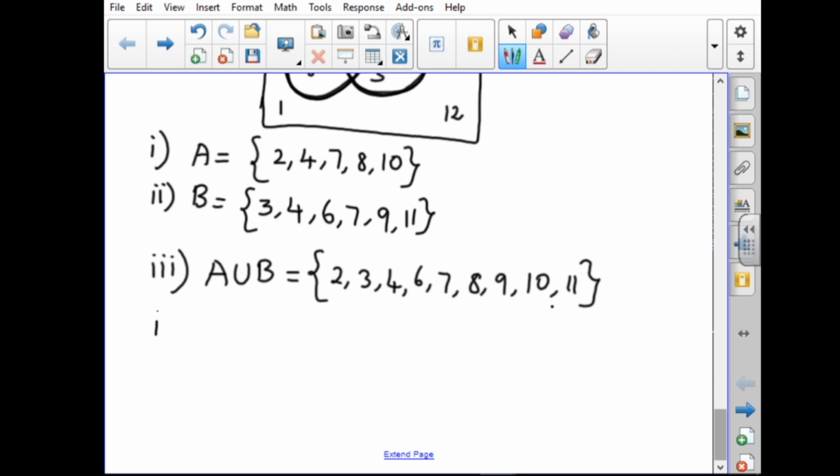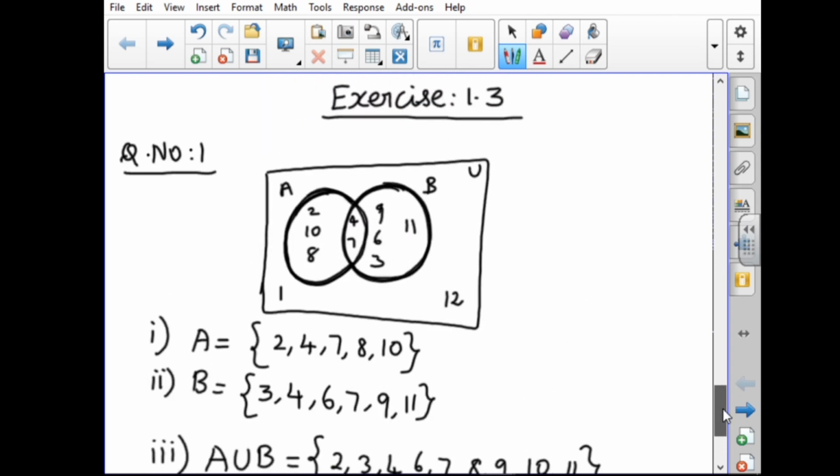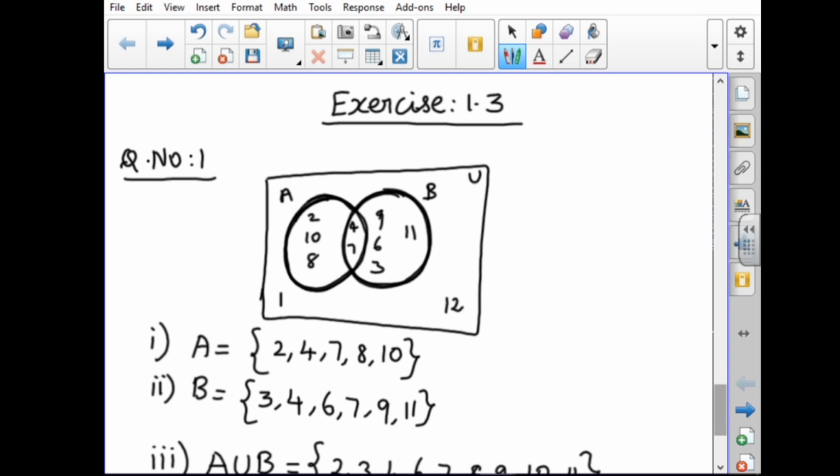Then the fourth one is the intersection part, A intersection B. Intersection means the common elements. From the diagram, the intersection part is 4 and 7.